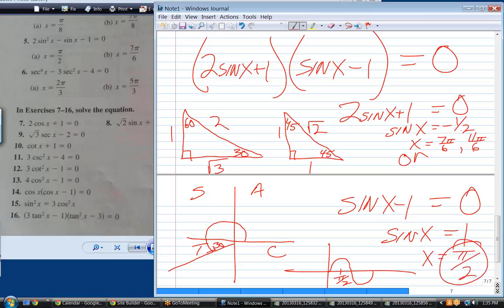So that's a solution, and both of these are solutions. So yes, both of these work. The way it looks like they kind of want you to do this is by plugging pi over 2 in for x, proving that that is indeed an equation, and then plugging 7 pi over 6 in for x and proving that that's an equation also.